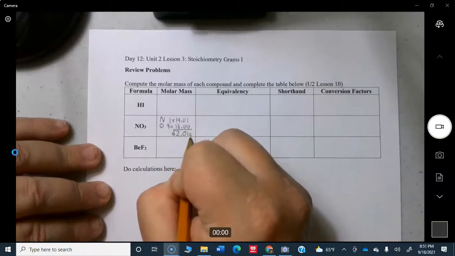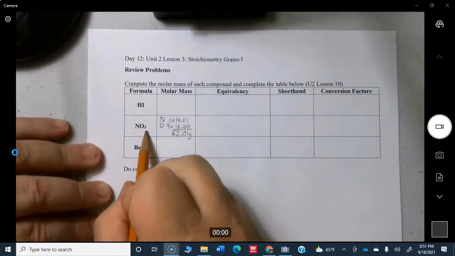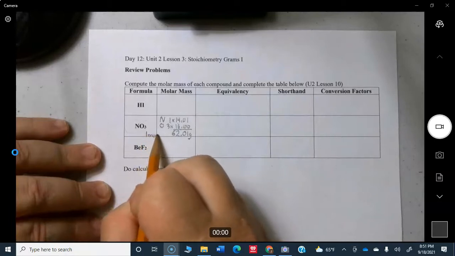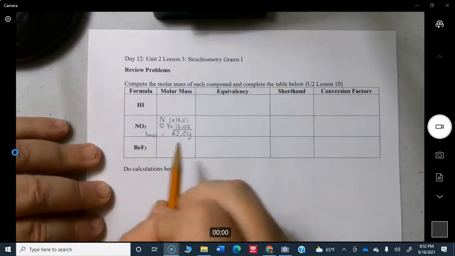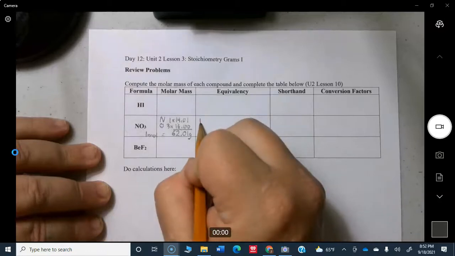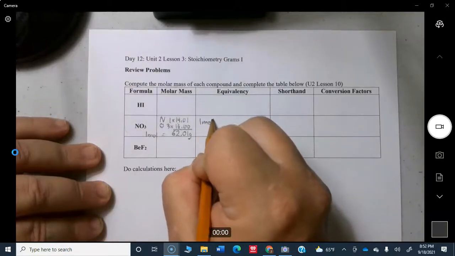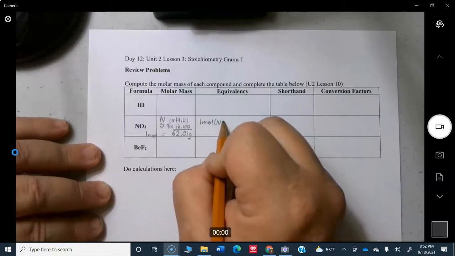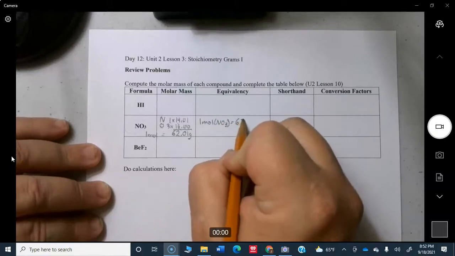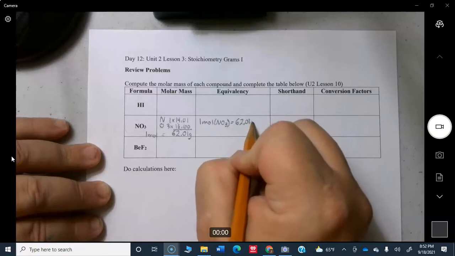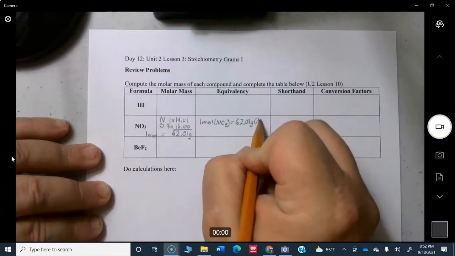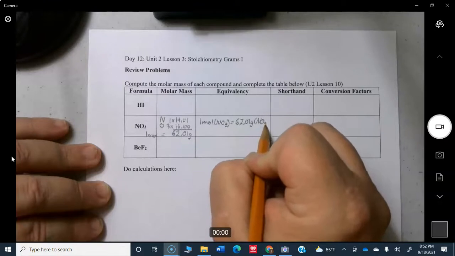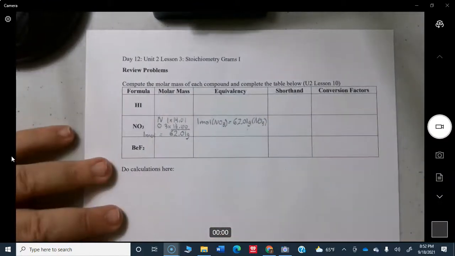And that's grams for 1 mole of nitrogen trioxide. So I'm going to write it like this. 1 mole equals that. So the equivalency, to write it out properly, 1 mole of nitrogen trioxide equals 62.01 grams. Okay, so that's the equivalency. You're just equating the grams to the moles of that substance.